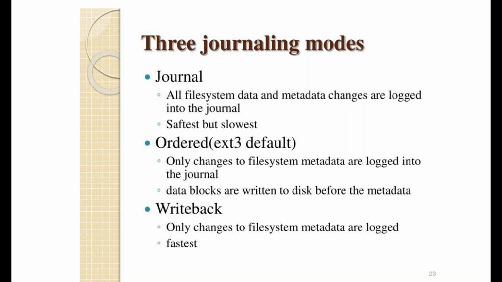Fine. So journaling is generally a part of the ext3 file system. That is the advantage of ext3 over ext2, which improves the reliability because ext3 has journaling. It eliminates the need to check the file system after an unclean shutdown.